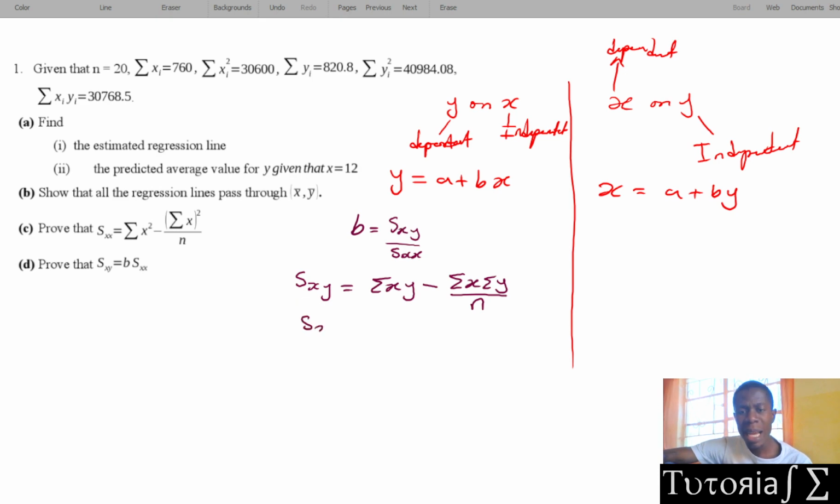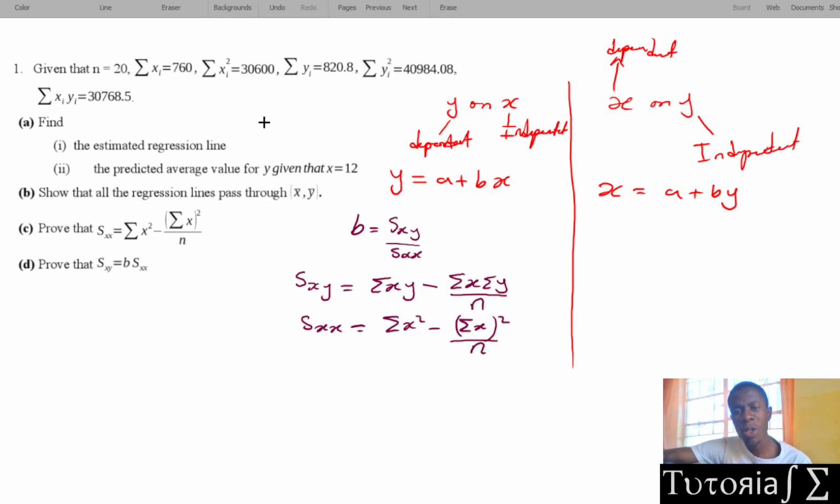Then Sxx is equal to the summation of x squared minus summation of x, everything squared, divided by n. That is your Sxx. So this is what you need to find your b. Then how do you find your a?